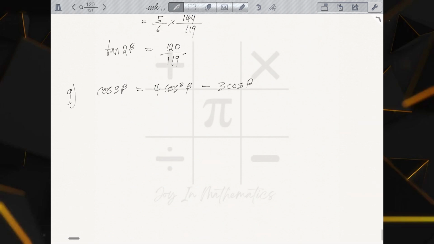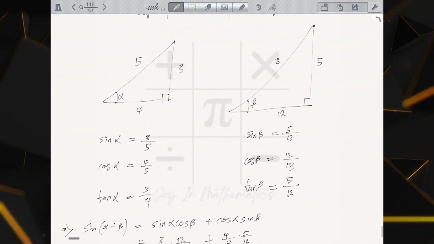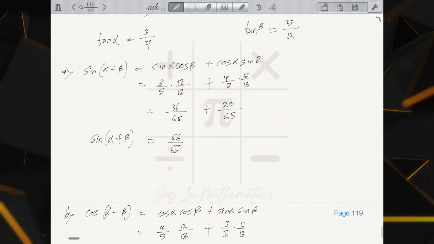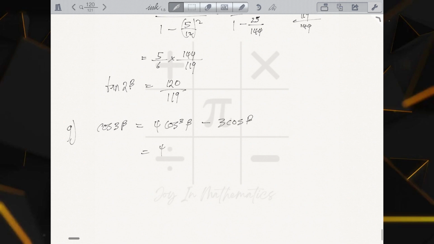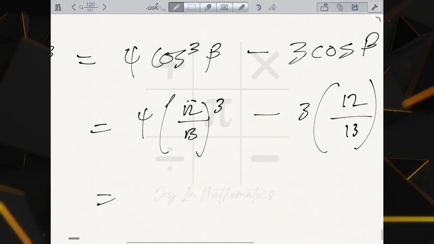Now the question is, what is our cos beta? According to the diagram, cos beta equals 12 over 13. So making our substitution, this will result into 4 multiplied by 12 over 13 raised to power 3 minus 3 multiplied by 12 over 13. So let's simplify further.